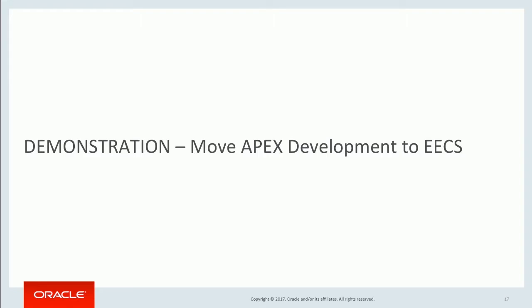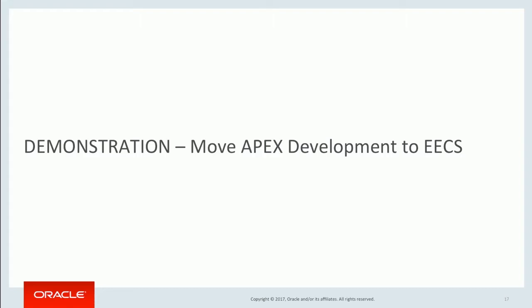So let's do a demonstration. First, I'm just going to go through this services console. But then we're going to go through a scenario where I might be a lone developer developing locally, and my application has matured enough that I want to move it to a development platform that everybody, worldwide, all my team, can access and start doing development there.